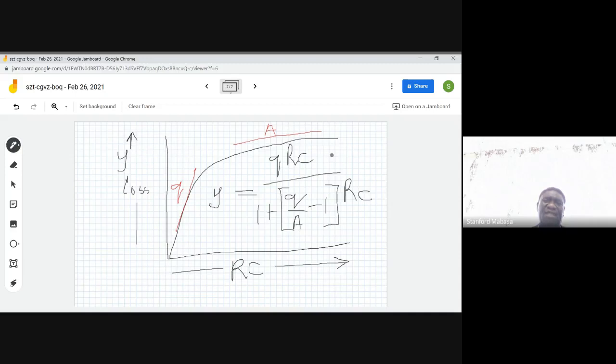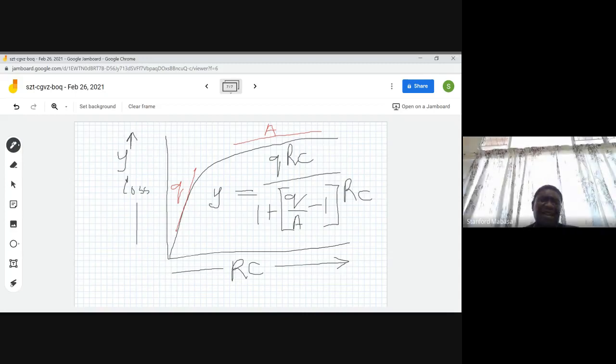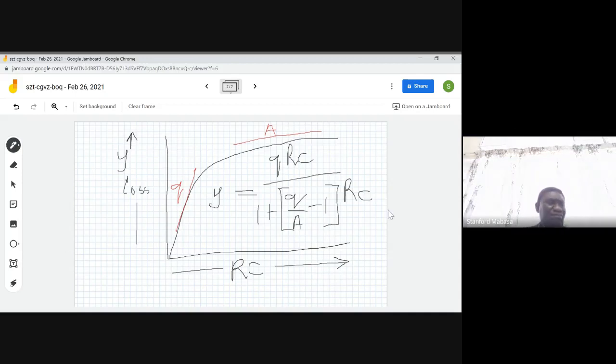Instead of putting a relative leaf area here, we are now putting a relative cover. And again, this equation can be used to predict yield loss.